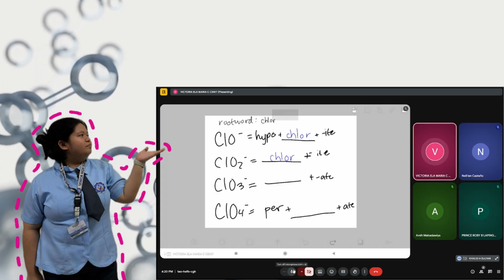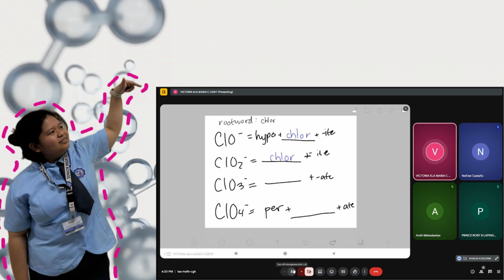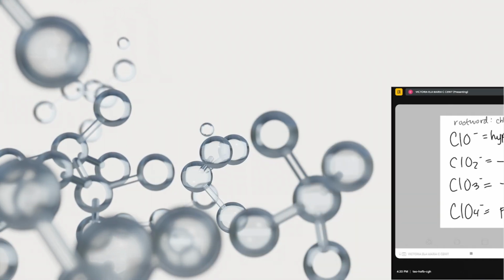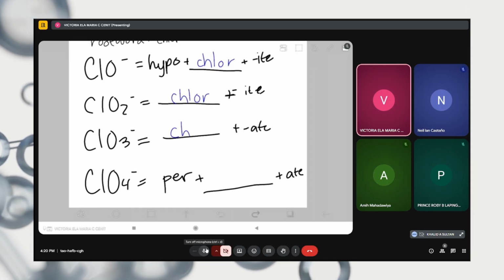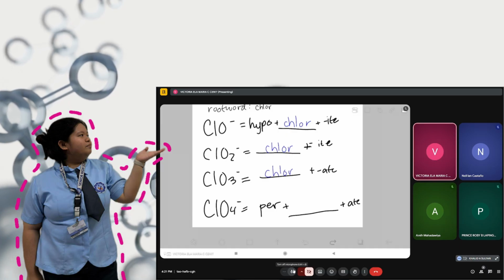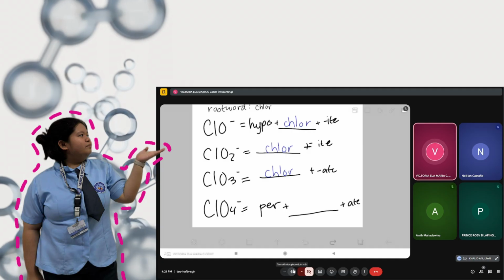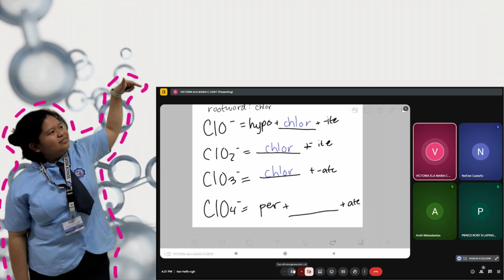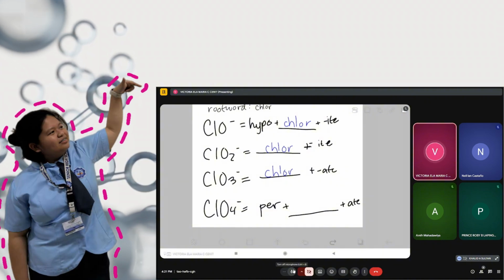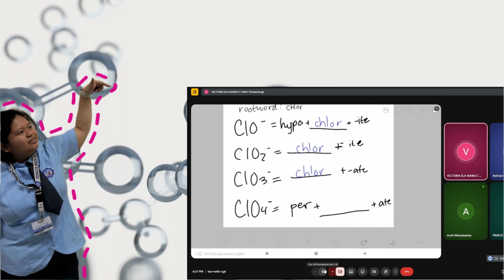And for ClO3, since it's higher than both ClO and ClO2, it gets chlorate. And for the last one, ClO4, since it's higher than all three, it gets the prefix per and the suffix ate to make it perchlorate.